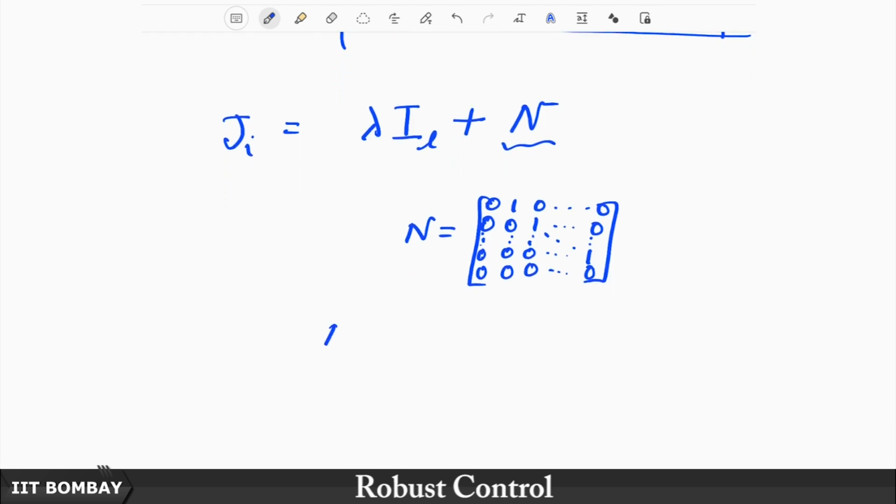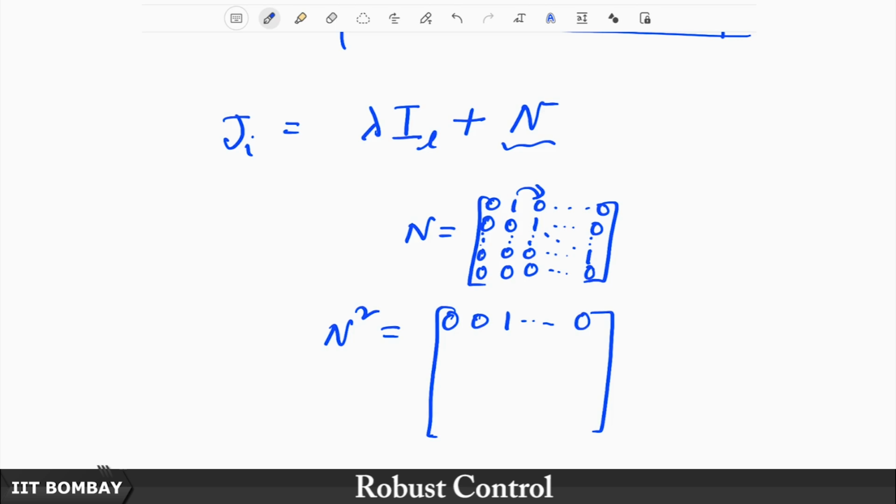Check that N squared, you can take this as an exercise, it is not really that difficult to see. When you look for N squared, you will see that these are all shifted one position to the right. What I mean by that is that in N squared, the first row of N becomes the second row.